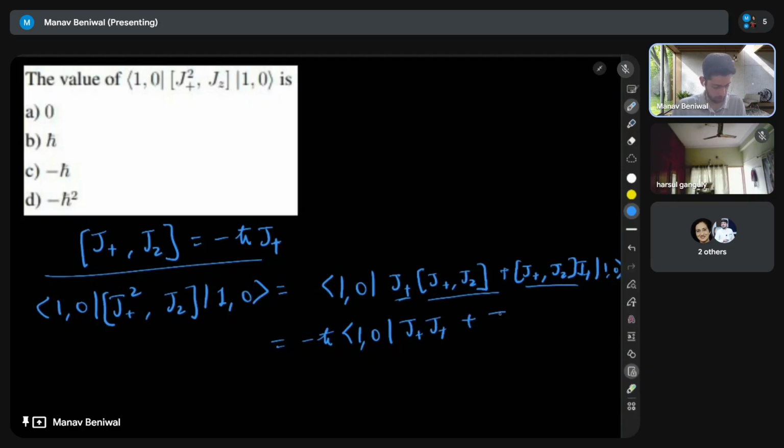Similarly the other term becomes j plus j plus, so this becomes minus h cut, and altogether minus 2 h cut times 1 0 j plus squared 1 0.